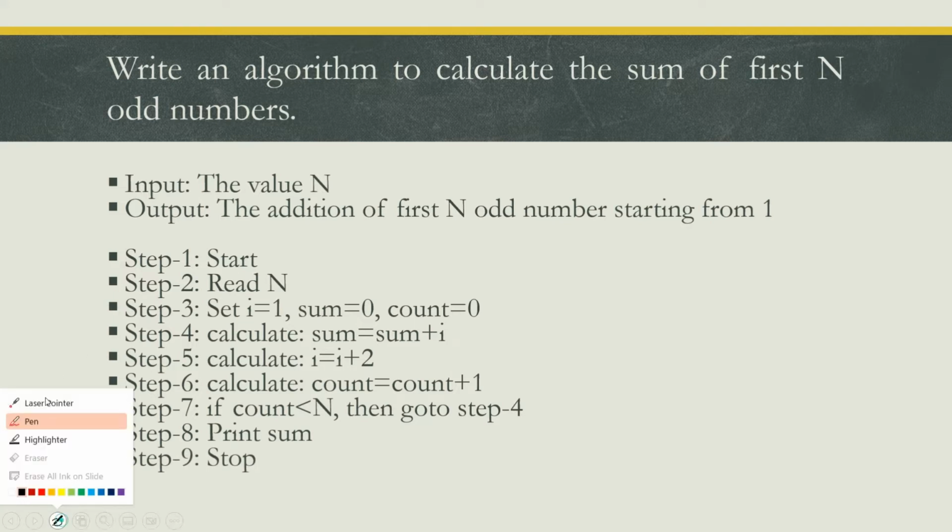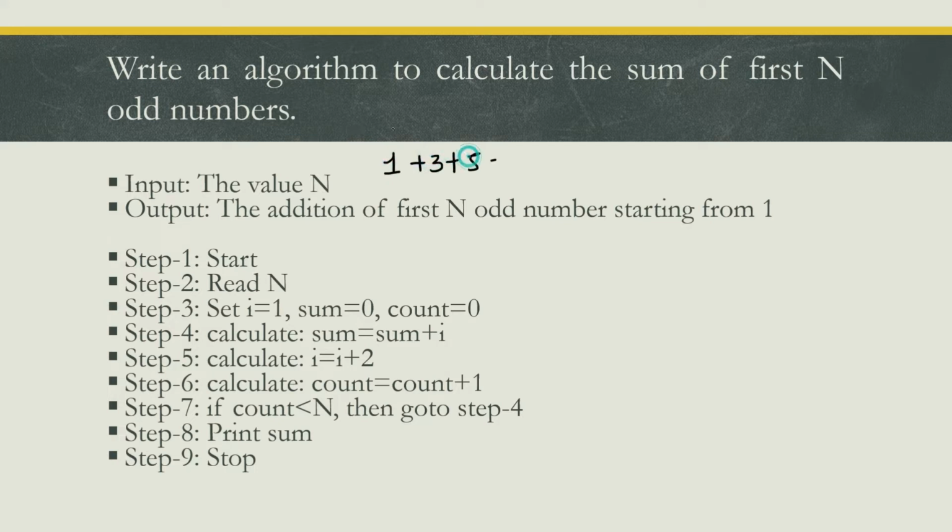Okay, let me trace this. Suppose I want to add the first three odd numbers. What are the first three odd numbers? 1 plus 3 plus 5. What is the addition? 9. Let me check whether I get this result by this algorithm or not.